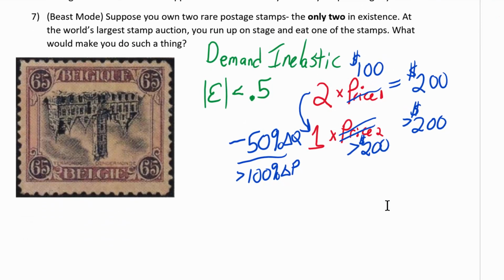And so when we divide 50 by something that is at least 100, hopefully bigger than 100, we get this answer that the elasticity that you calculate is hopefully going to be something like negative 0.4, maybe minus 0.1 would be even better. And that way, when you eat that 1 stamp, the quantity will go down by 50%, but the price will really increase by a lot. Maybe the price would go up 10 times because this is such a rarer stamp now.